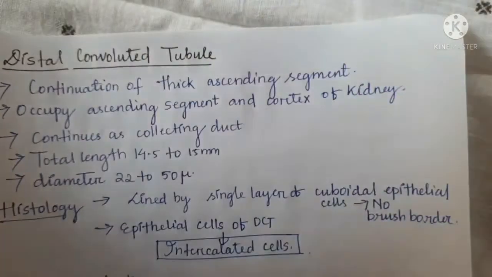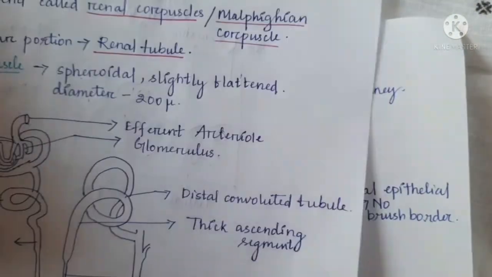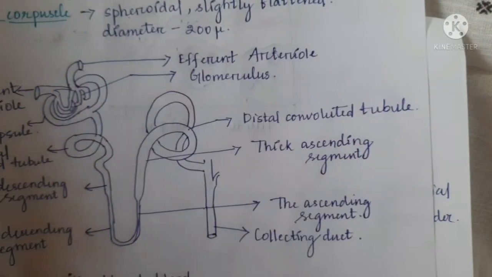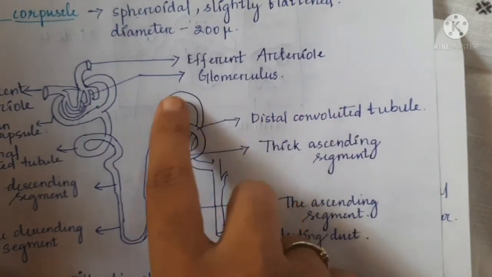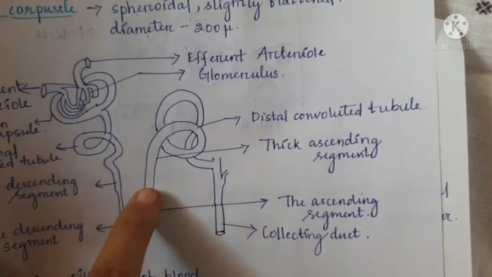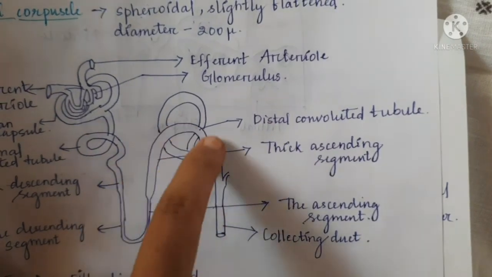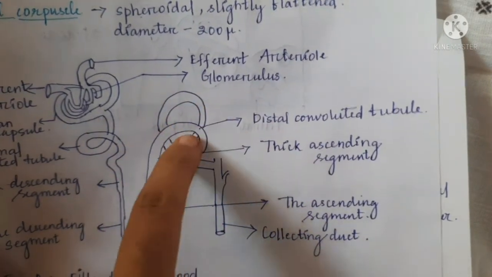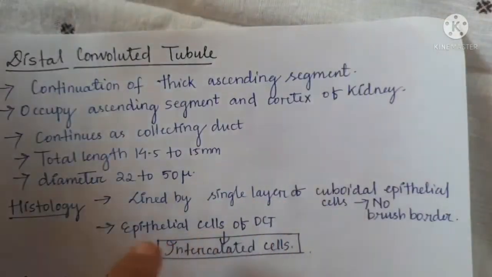You will see in the diagram of the nephron that we have drawn here, this one is the distal convoluted tubule. The thick ascending segment ascends upward and coils, then forms the distal convoluted tubule.